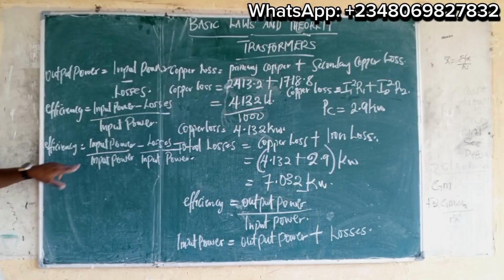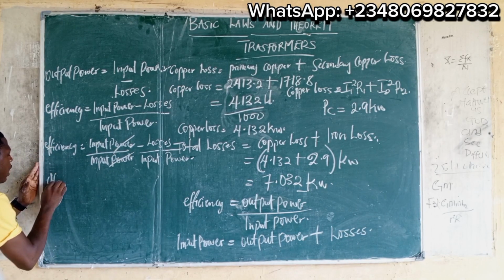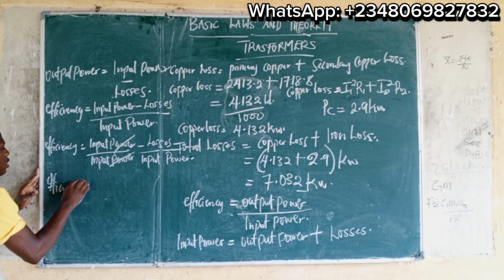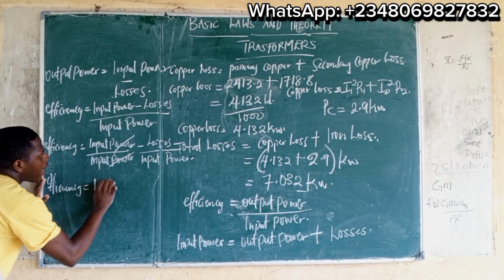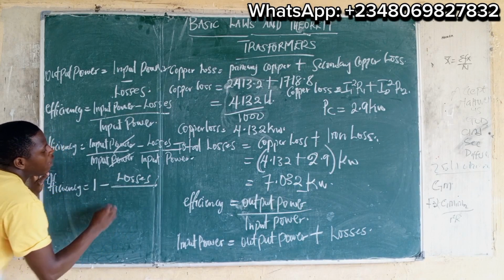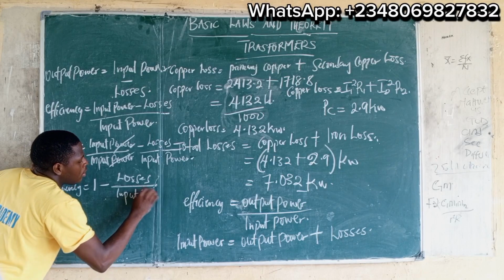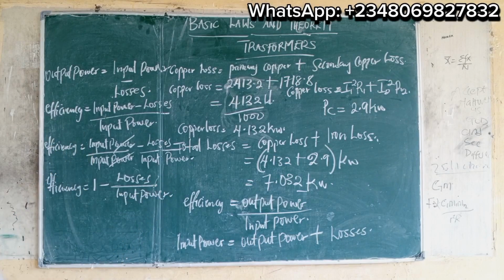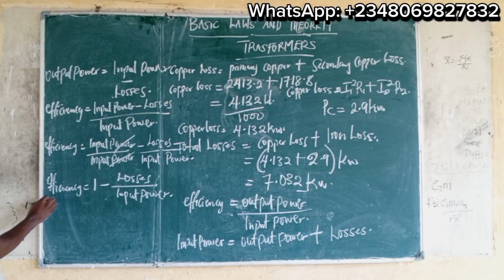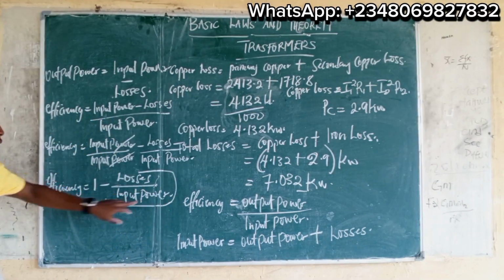Input power divided by input power cancels out. So we have our efficiency finally to be 1 minus losses divided by input power. This is the equation you use to calculate our efficiency.